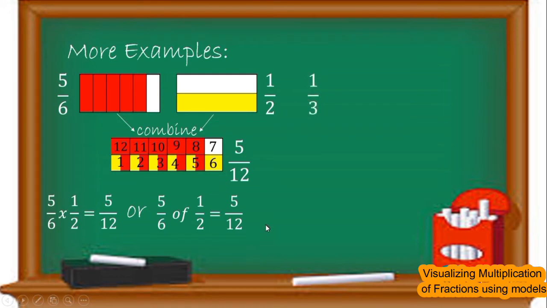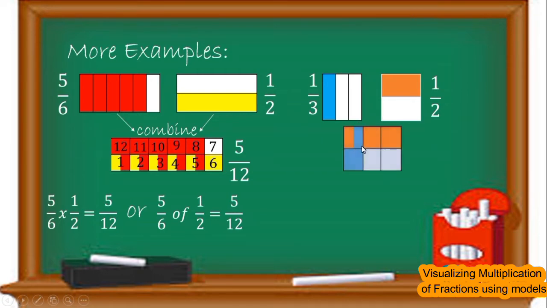Another example, 1/3 times 1/2. Let's combine our models. This area represents the numerator and the whole area represents the denominator. Let's count. 1, 2, 3, 4, 5, 6. 1 is our numerator and the whole area is our denominator.